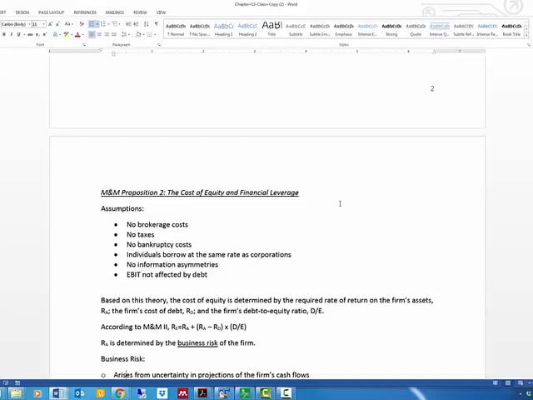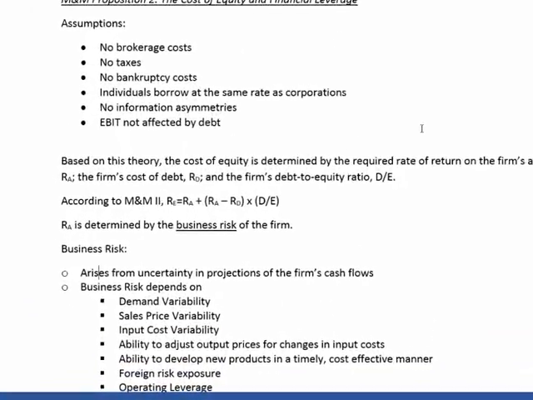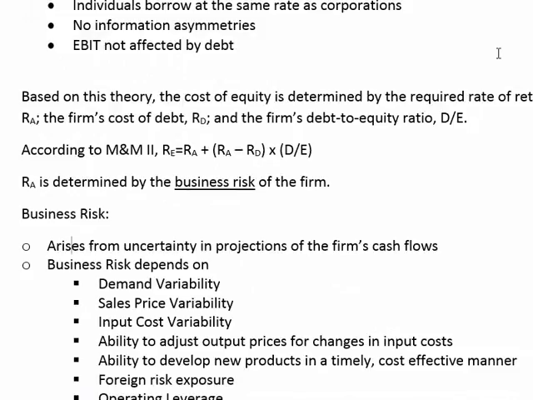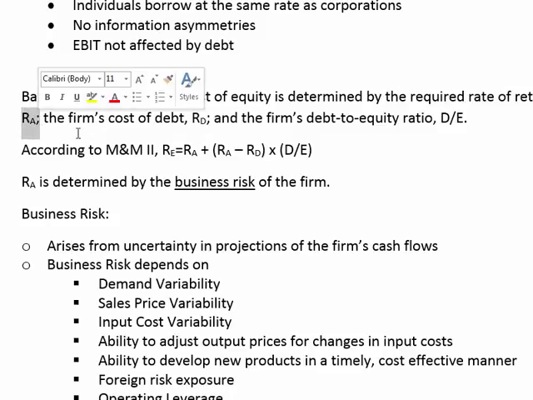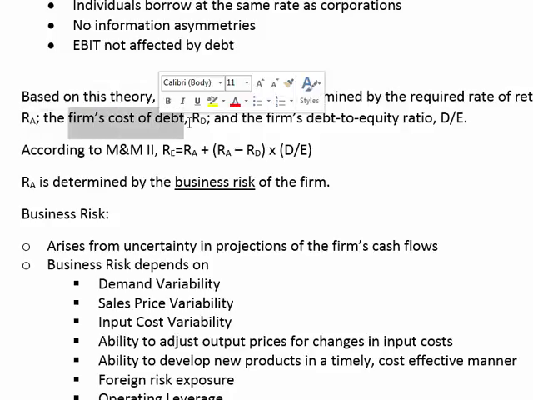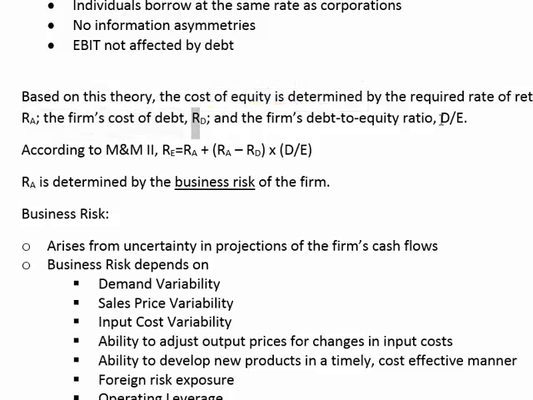So based on their second proposition, the cost of equity is determined by the required rate of return on the firm's assets. So how risky are the firm's assets? The required rate of return on the firm's assets is denoted with R sub A. The firm's cost of debt is R sub D. And the debt to equity ratio is D over E.